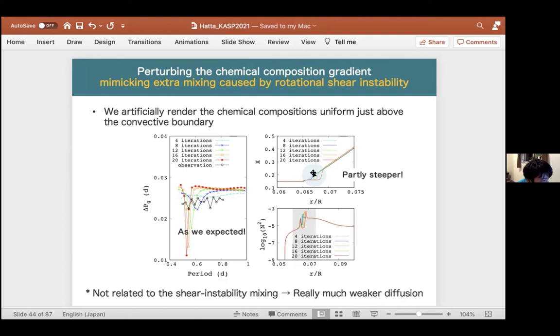But because the buoyancy radius of this sharp feature is too small, we do not see any short periodic component in the delta PG pattern. This is as we expected. Based on these computations, we now think that the much weaker diffusion is not related to the shear instability mixing. So the diffusion process should be really much weaker compared with the ordinary one-dimensional stellar evolution calculations.